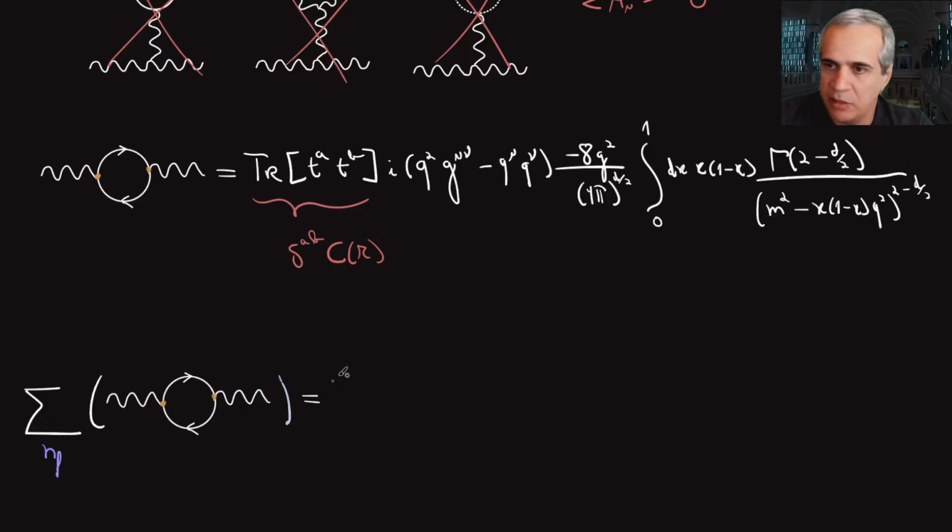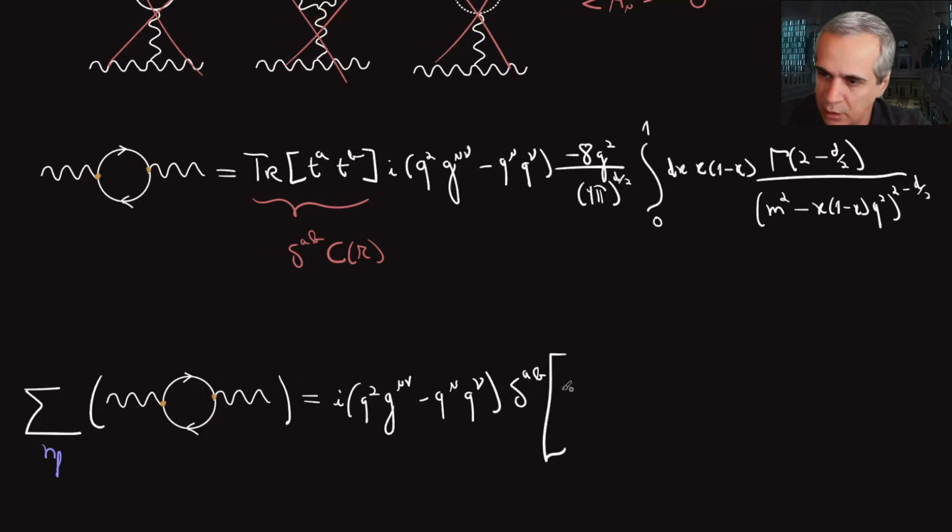right? And this will be starting from here, i q squared g_{mu nu} minus q_mu q_nu delta AB times.